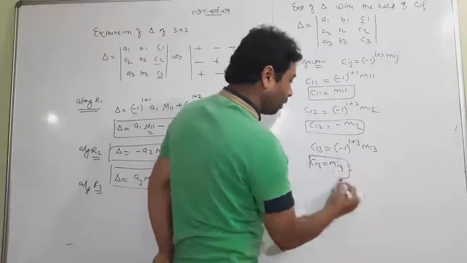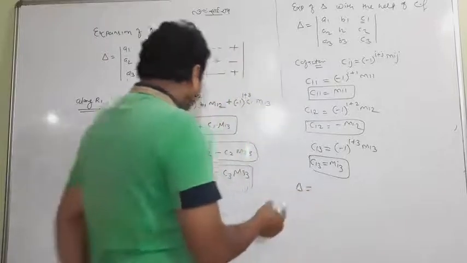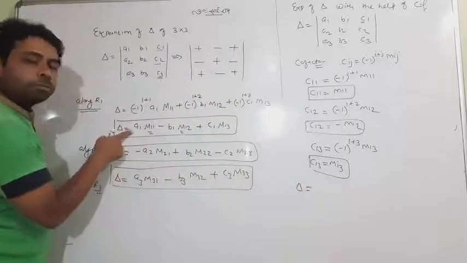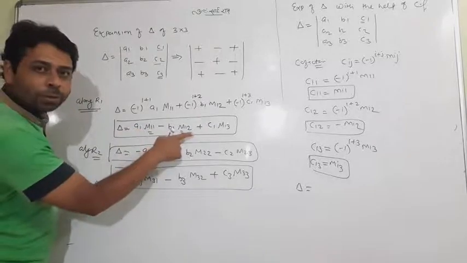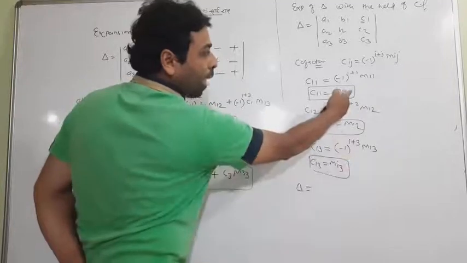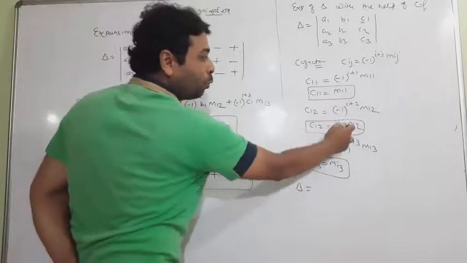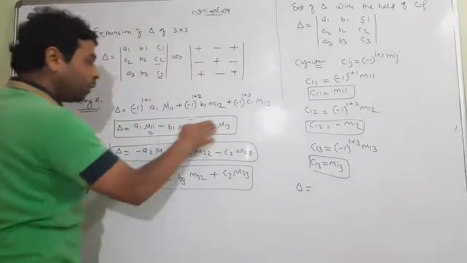What you got, student? I don't want to go further, but we had the expansion of determinant in the case of minor, and now we got some values: M11 equal to C11, M12 equal to minus C12, M13 equal to C13. Can we put all these values here?